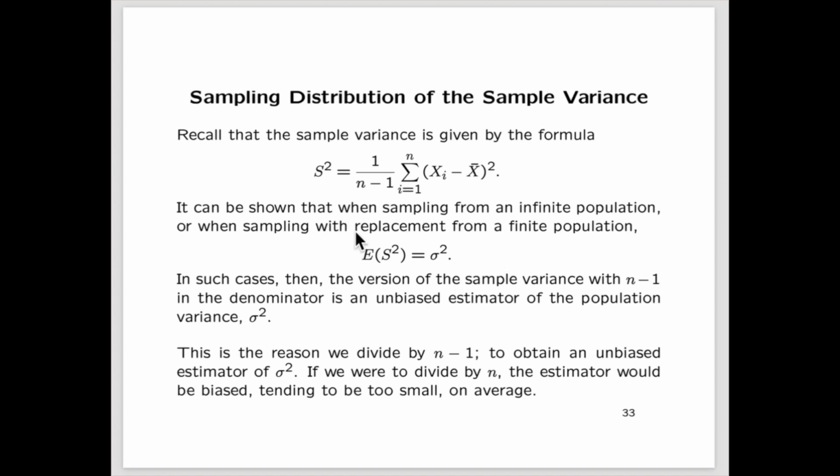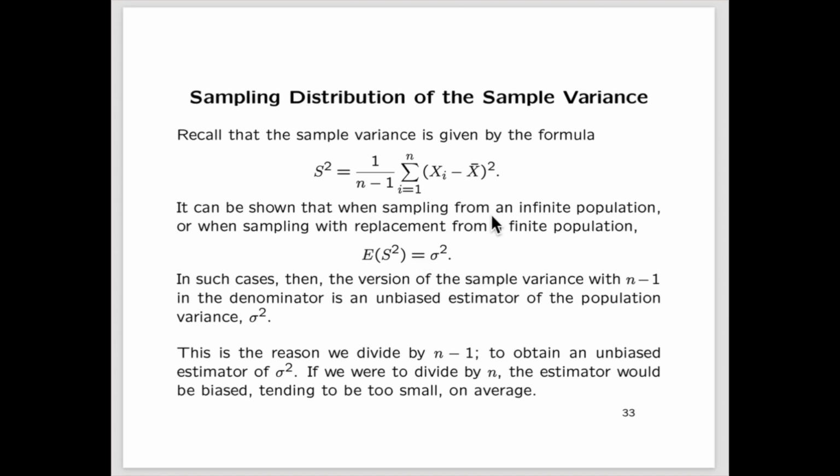It's again a general result. Whenever we are performing IID random sampling, then the version of the sample variance that has n minus 1 in the denominator is an unbiased estimator of the population variance. In other words, the expected value of that random variable is equal to that population variance.